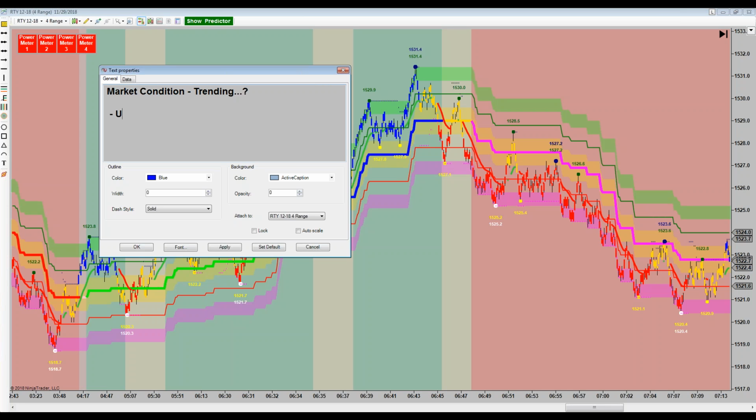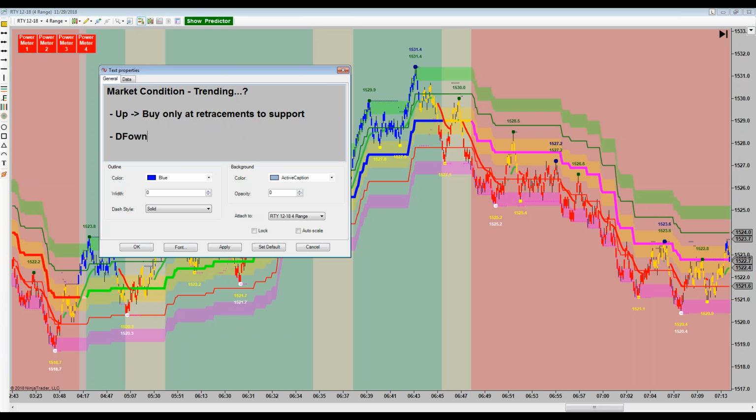They can go up. So in an uptrend, we are buying only at retracements to support.